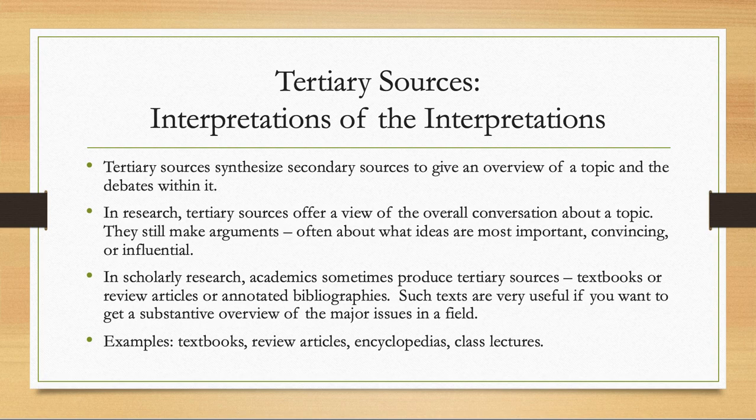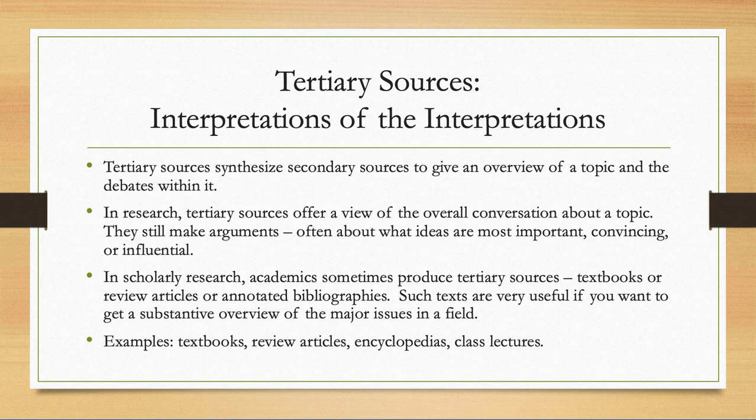The furthest source from the topic being studied are tertiary sources. They are interpretations of interpretations. You probably have been shown a lot of tertiary sources in your schooling because textbooks are an example of tertiary sources. They synthesize secondary sources to give an overview of a topic and the debates within it.